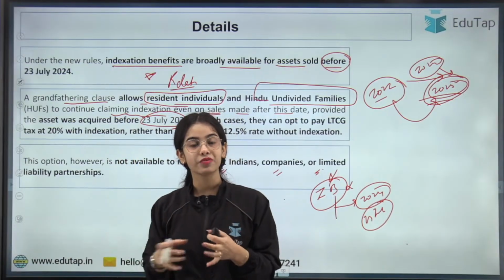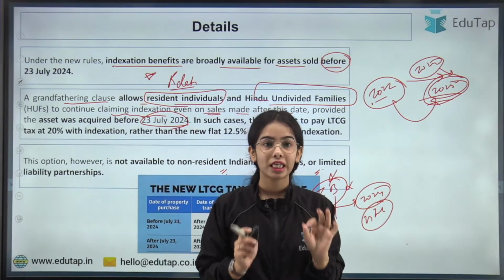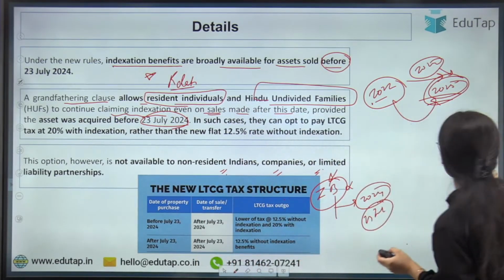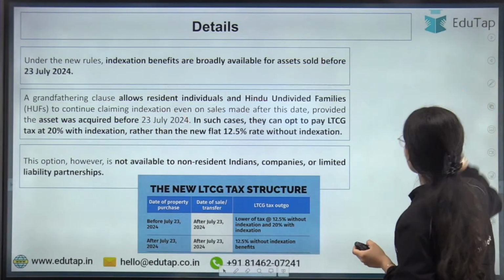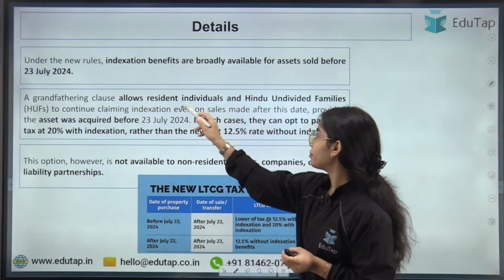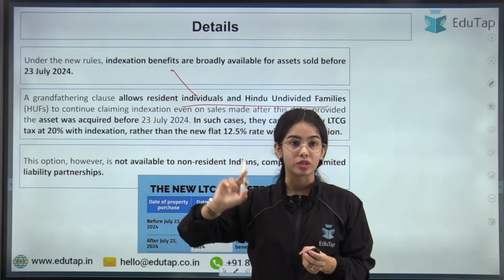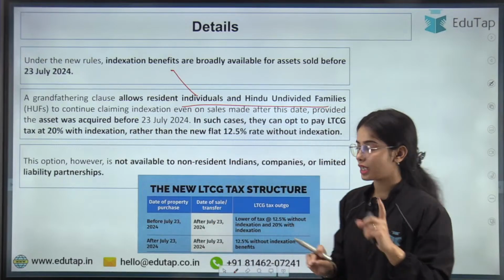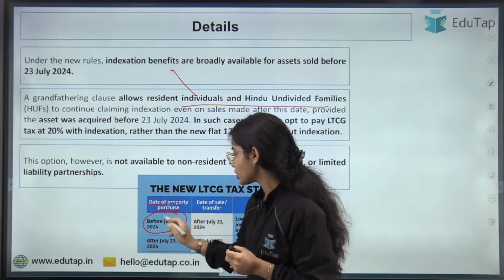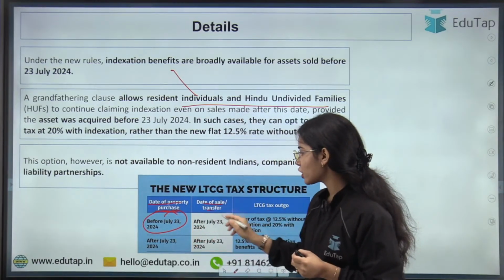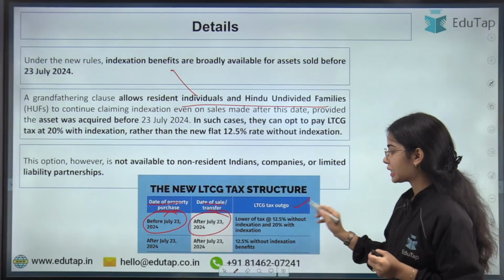Now, in such cases where we are getting the indexation benefit, there are two things that we have to keep in mind. First of all, for the resident individuals and Hindu undivided families, this indexation benefit is not without some clauses. If the date of property purchase is before July 23, 2024 and the date of sale or transfer is after July 23, 2024, we are going to get the indexation benefit.